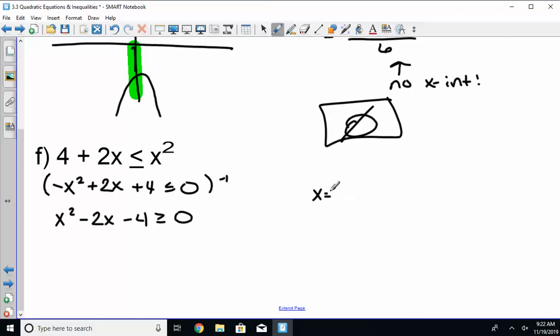I love quadratic formula. Okay. x equals opposite of b, so 2, plus or minus the square root of negative 2 squared minus 4 times 1 times negative 4, all over 2 times 1.